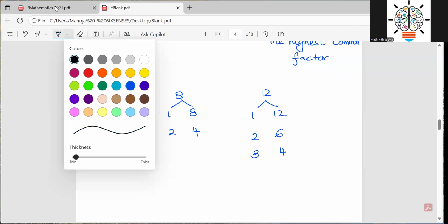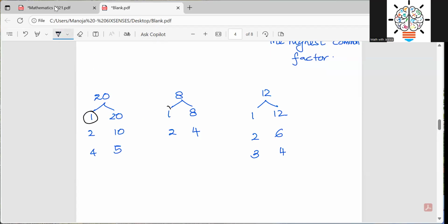Then we circle like earlier the common numbers: 1, 1, 1. Then I have 2, 2, 2. Then I have 4, 4, 4. What else? No, we don't have any other number in common.